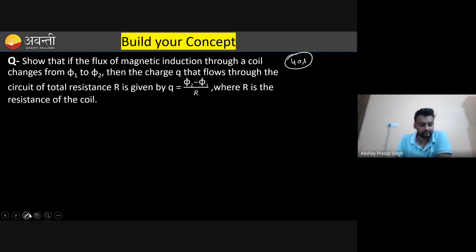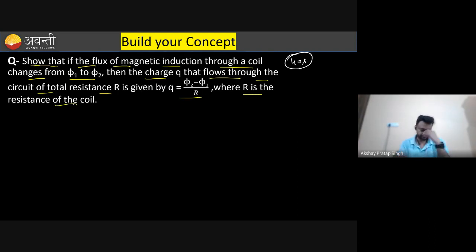Now, what does the question say? If the flux of the magnetic induction through a coil changes from phi1 to phi2, that means flux is changing, then the charge Q that flows through the circuit of total resistance R is this much, where R is the resistance.